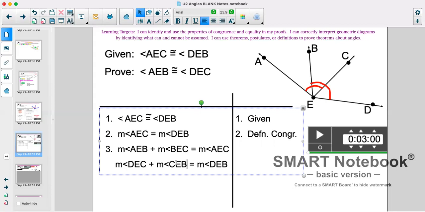It would have been hard for me to notice that, but you want to be able to notice that so you can substitute them, or so that you can say, okay, those two pieces are equal, so maybe something else is also equal. That's all I'm saying about naming your angles consistently throughout the problem. It'll just keep it cleaner and easier to follow. I'm able to do step 3 because of the angle addition postulate.